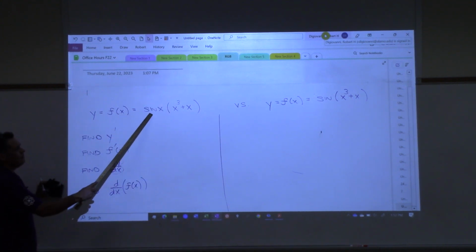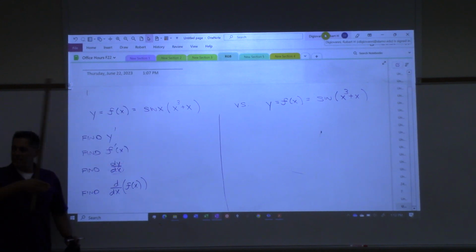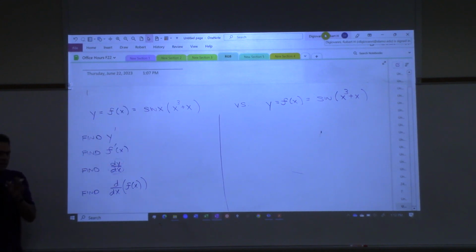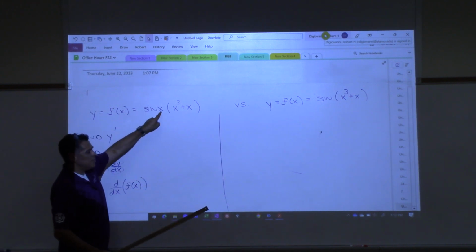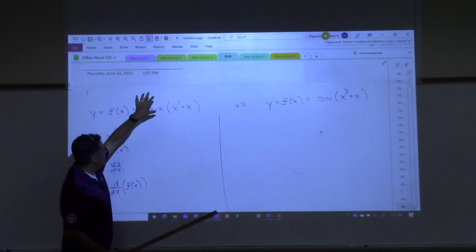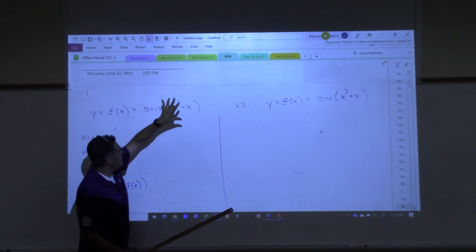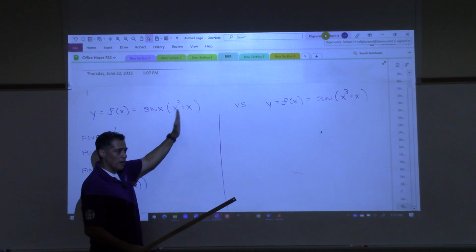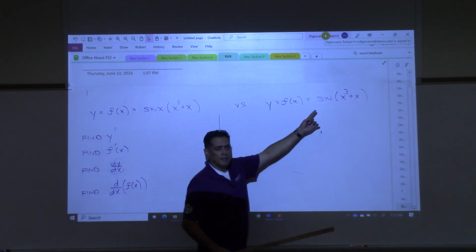Here, the x is being plugged into the sine. Anything that gets plugged into a function is called its argument. So the argument of this sine function is the x. You take the x, plug it in the sine, that's one function, then you're multiplying times this polynomial function. Product. This is not a product.